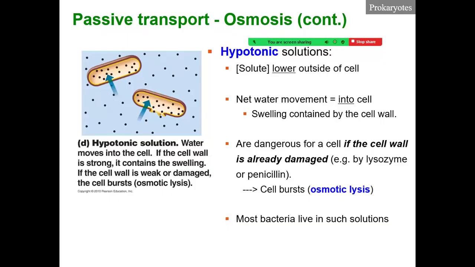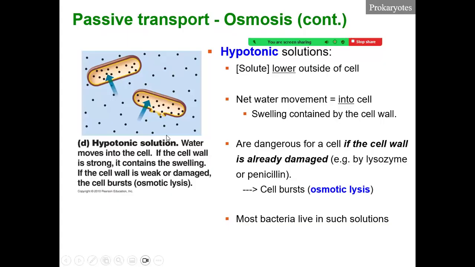That's actually the way penicillin works. It damages the cell wall, and then the plasma membrane can protrude out of the cell wall. Water can move into the cell. The protrusion will grow. More water will move into the cell. The protrusion will grow even further until it eventually bursts, and then the cell will die.